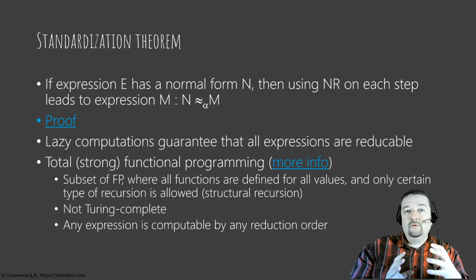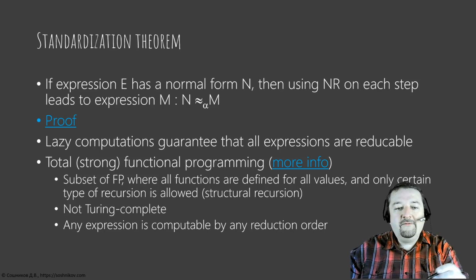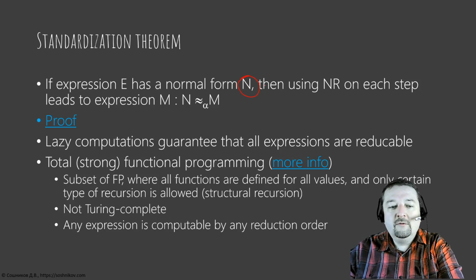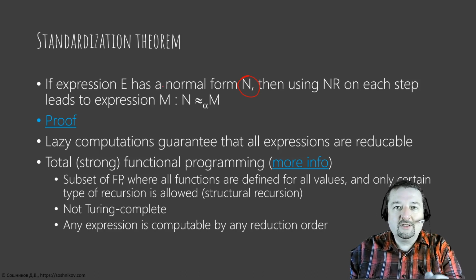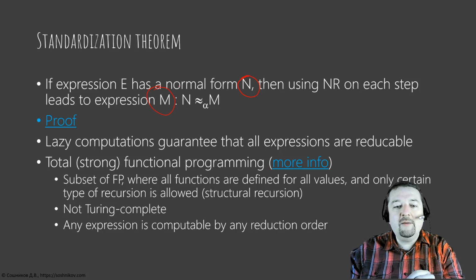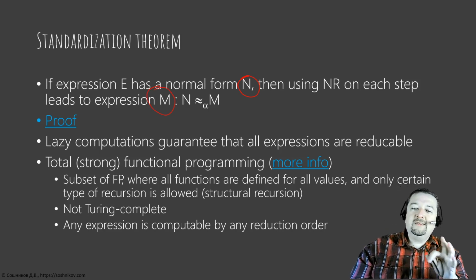To state it more precisely, if e has the normal form n, using beta reduction with normal reduction at each step we would arrive at some expression m, which would be the same as n up to variable names.